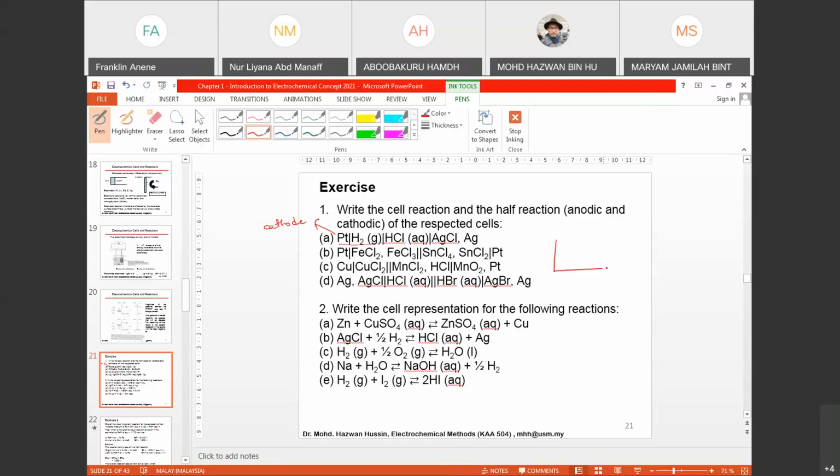Imagine that you have silver connected with platinum. What type of electrolyte do they use? You can get some clues over here. It is mentioned that they use HCl.